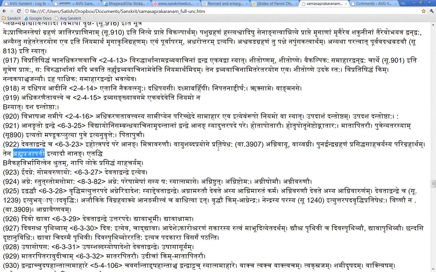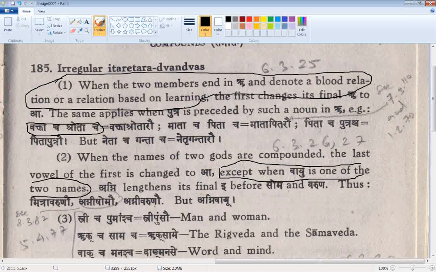So one more time. Punar dvandva grahanam prasiddha sahacharyasya parigrahartham, and then tena Brahma Prajapati ityadau nanang, etadhi naika havir bhagitvena shrutam napi loke prasiddham sahacharyam.